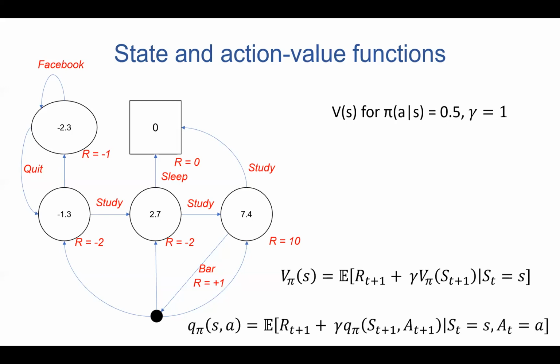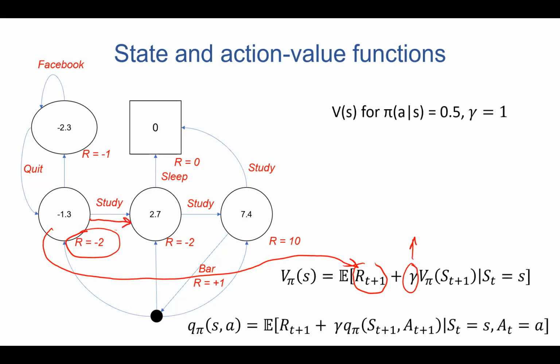So let's go with the value. For a certain state, the expectation is that we get the immediate reward. We have the discounting factor, and then it says that if I take this action and get into the new state, we simply get the value at the new state.